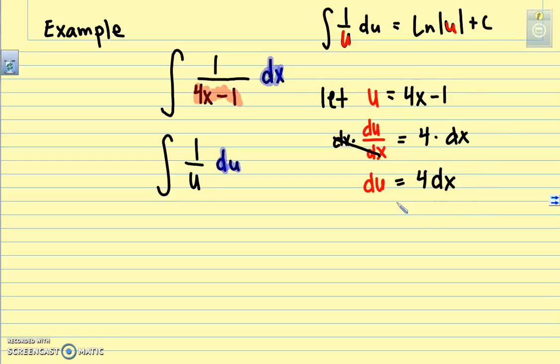Now what I'm going to do is divide by 4, so that I get dx by itself. And I'll explain right now why. So dx is 1/4 du, or du over 4. Now let me just write 1/4 du.